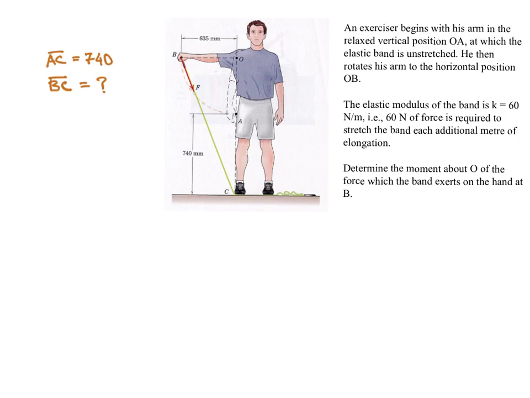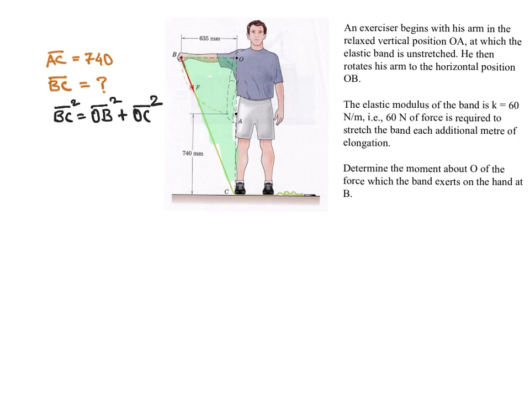Now to calculate BC, we can consider this triangle here. For this triangle, we can write BC square would be equal to OB square plus OC square.